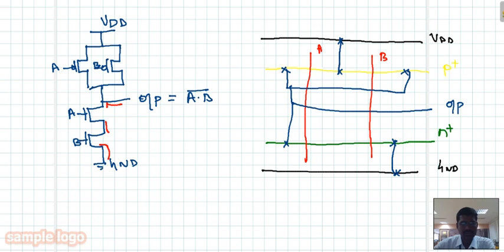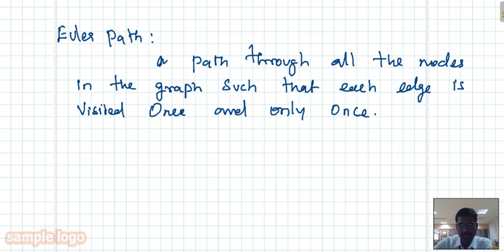If it is a 2 input or 3 input CMOS circuit, then drawing this stick diagram is very easy. There is no issue in putting these variables in the polysilicon. However, if there are more than 3 inputs, then we have to follow the Euler path. So what is meant by Euler path?